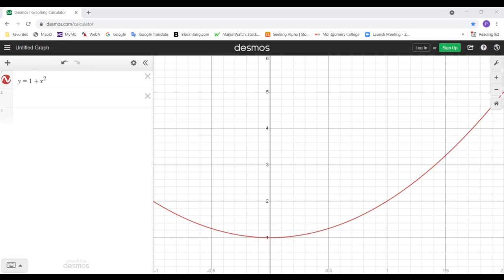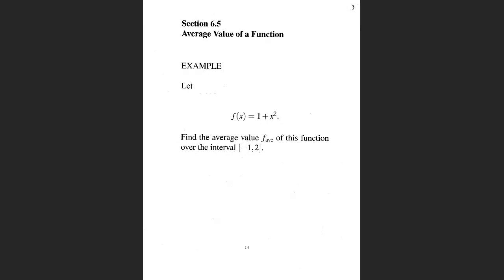Let's go back to the example here. Okay, and let's go to the solution. So I just rewrote, you don't need to recopy this part here. You did recopy that.